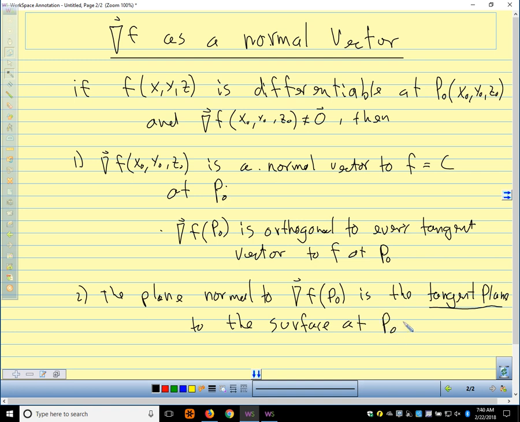So just like for curves, we talked about the tangent line. For surfaces, we can talk about the tangent plane. And the tangent plane will be able to get some information about the surface from the behavior of the tangent plane.